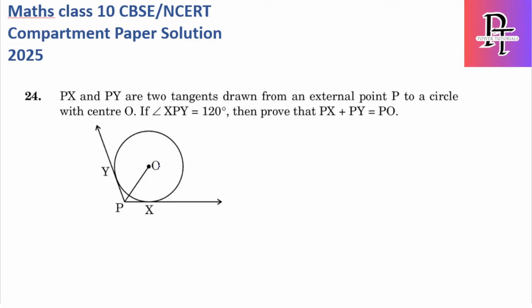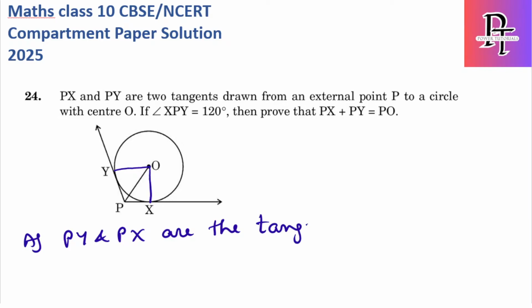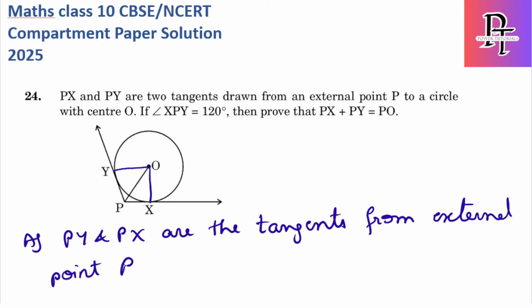Okay, so if you notice here, if I join these two lines, then PY and PX, I will write it here, PY and PX are the tangents from external point P to the circle.